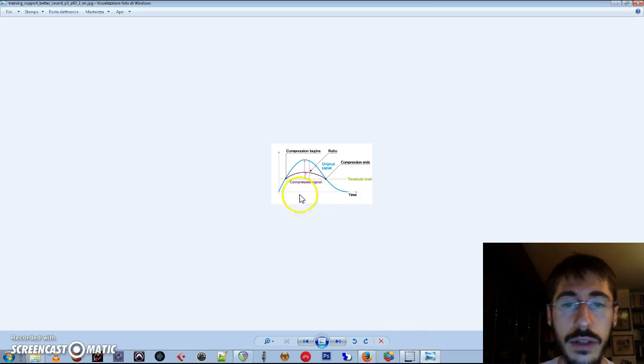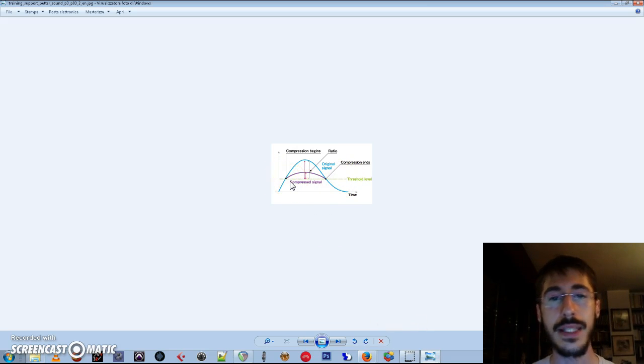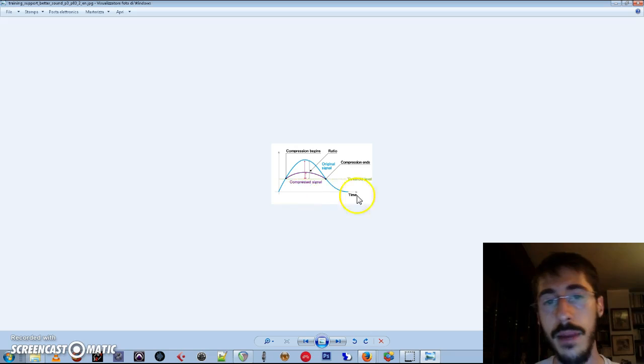First of all, the threshold is a level that tells us when the compressor or our dynamic processor is going to work. And with "when", I mean at which point of our signal it is going to work. Here we have our pressure level, and here we have our timeline.